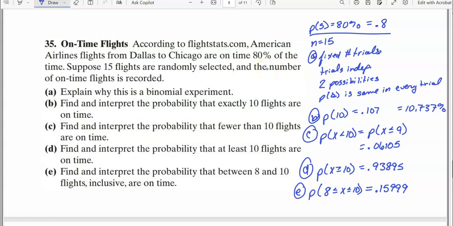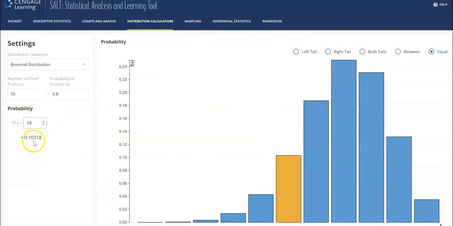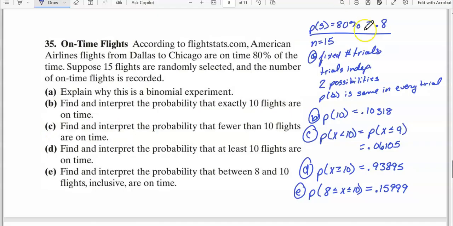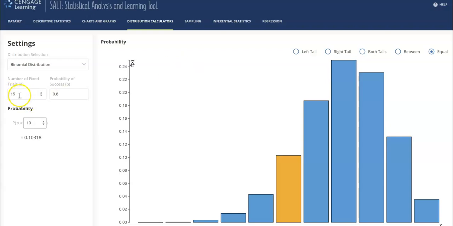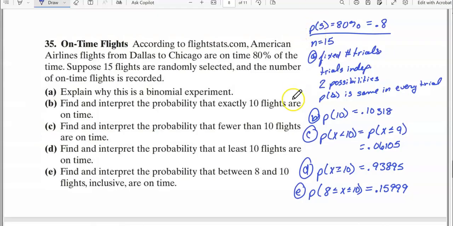Yeah, so I must have had that wrong earlier. Sorry about that. 0.10318 for that probability. So when you're doing these, be careful. I had accidentally the wrong number here for part B, and then I fixed it for the other parts. So that's how we use SALT to answer our question.